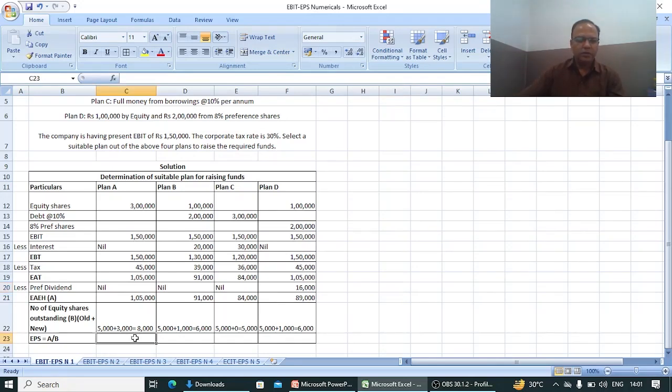Now, last one is EPS. As it's clear that you have to divide 1 lakh 5,000 divided by 8,000. Now, let's take the help of calculator.